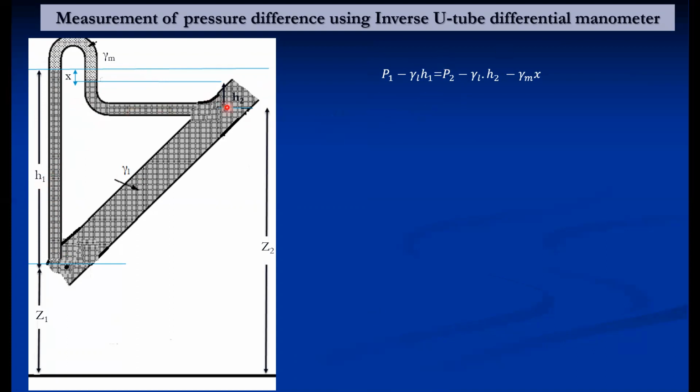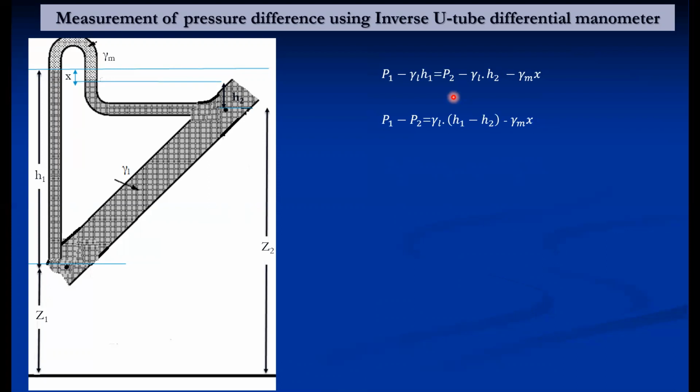That is equal to the pressure acting at this particular point. Pressure acting at this point is equated to pressure acting at this point, under equilibrium condition, according to the static law. So the pressure at this particular point, P2, minus the pressure exerted by this column, that is minus gamma M into x, because this is manometric fluid, and the pressure exerted by this column, that is minus gamma L into H2.